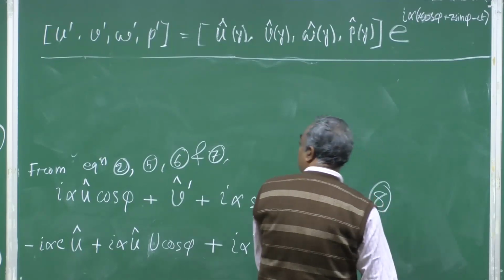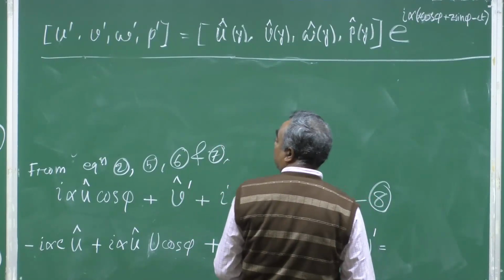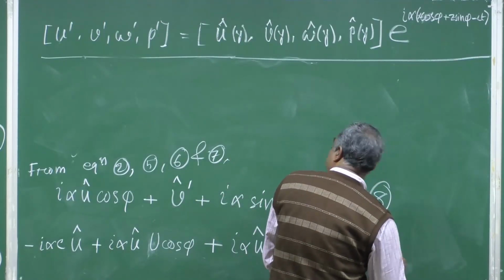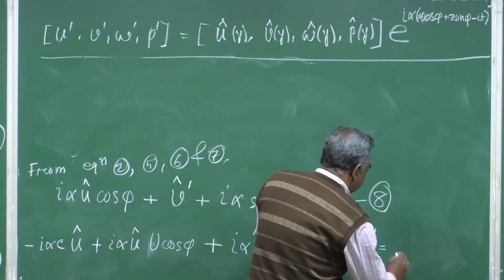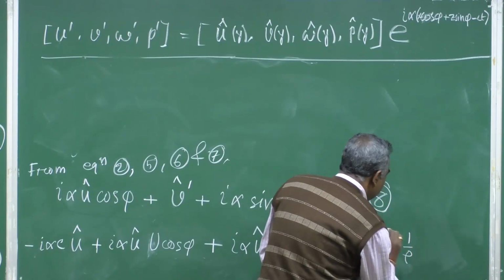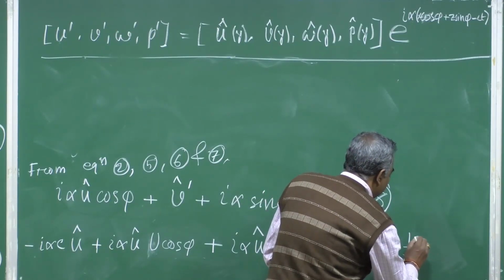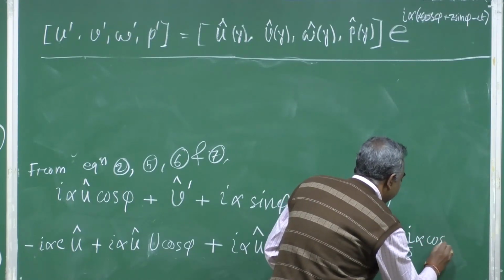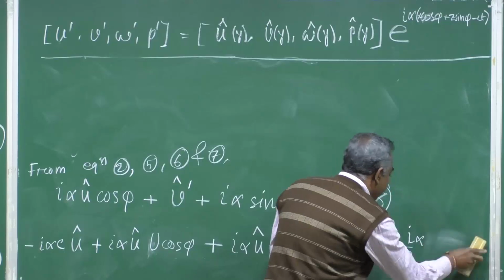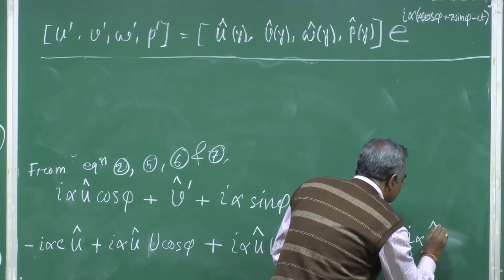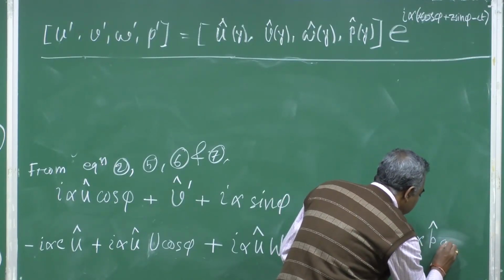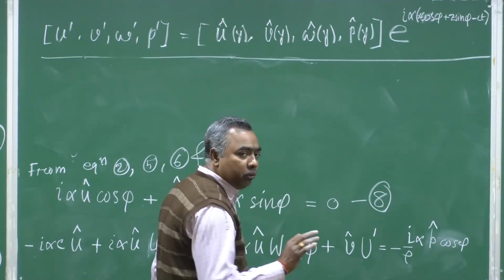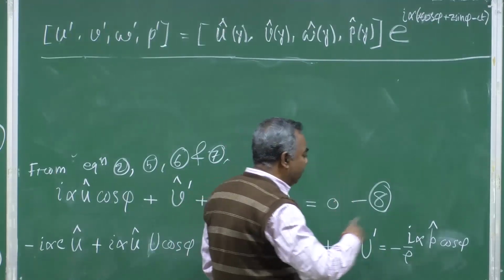Equals what? Minus 1 by rho del p prime del x. So, this is going to be i alpha cosine phi p hat, which is a function of y only, into the exponential term which is common on both sides and will cancel out.